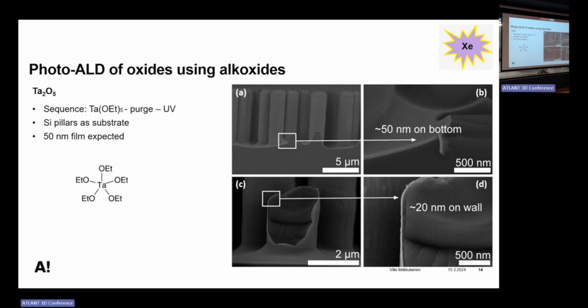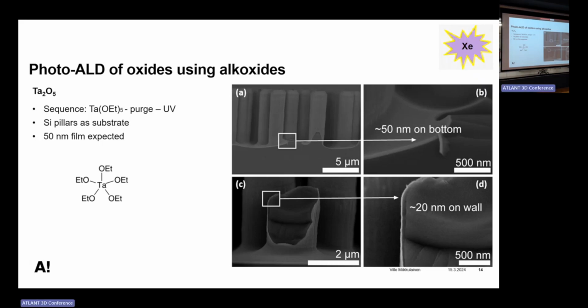If we optimize this by exposing for a longer time, because on these walls the areal exposure to UV is much lower than on the surfaces perpendicular to the light beam, there are no fundamental reasons that it couldn't be deposited as 50 nanometers on these pillars.